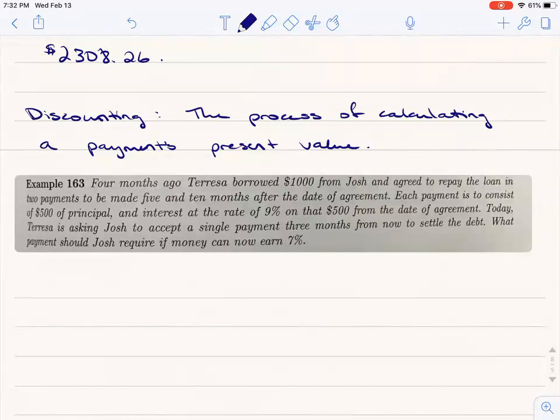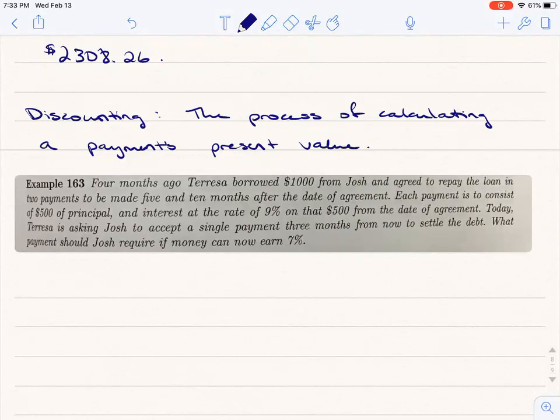So here's kind of a classic scenario, right? And so a lot of these questions that we have to do will take this form, I guess. So 4 months ago, Teresa borrowed $1,000 from Josh and agreed to repay the loan in 2 payments to be made 5 and 10 months after the date of the agreement. Okay, fair enough. So she borrowed some money.